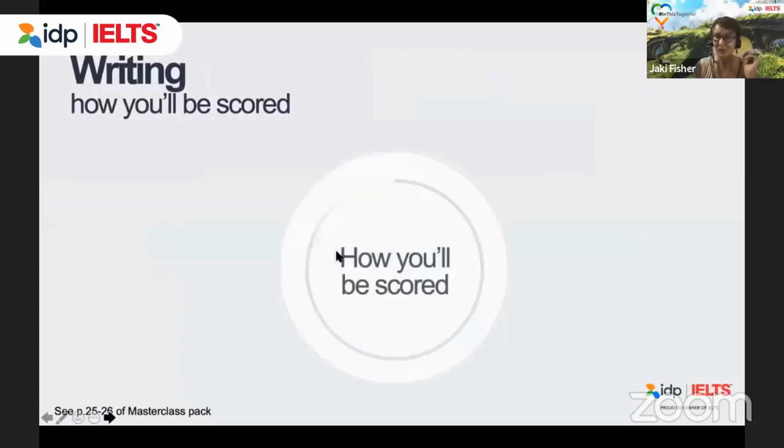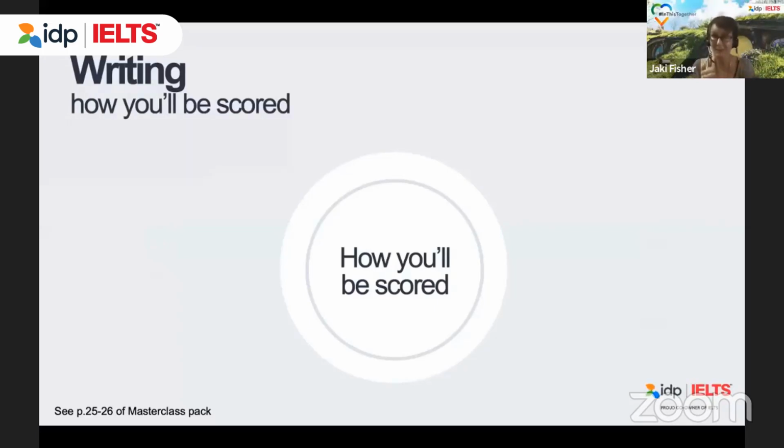Okay, so we talked about the scoring for the speaking. Do you remember? So 4 things. Writing is very similar. We'll see writing and speaking are quite similar. And writing, we also have 4 things. 2 of them are the same as the speaking. What are those 2?